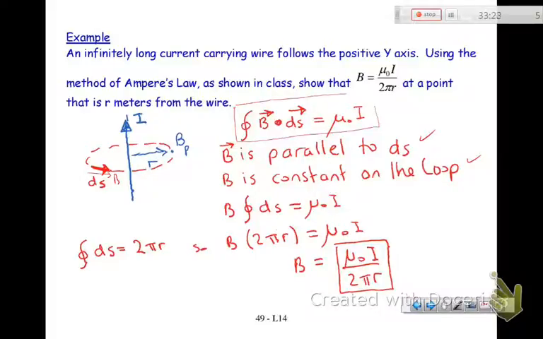Because when B is parallel to ds, the cosine theta goes to 1. B is constant, so the line integral of B dot ds goes to B times the integral of ds, which is the length of the loop, 2 pi r. So then rearrange. And we'll come back and talk more about this next time. Okay? So I'm going to stop here.